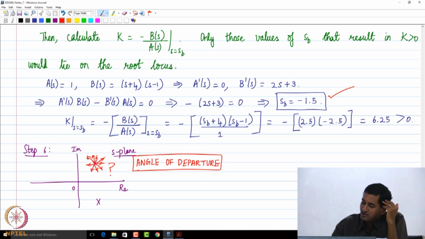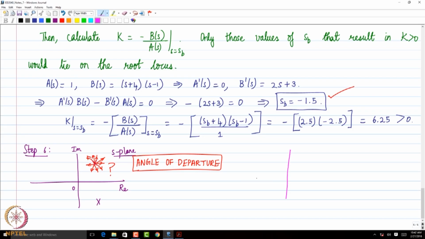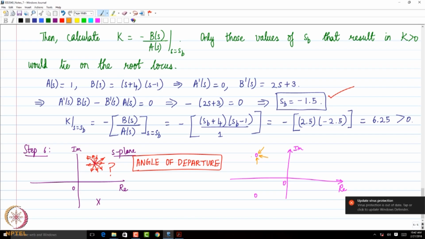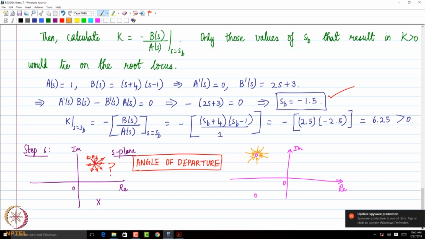Similarly, if I have an open loop zero which is complex conjugate, same logic, right? I have the real and the imaginary axis in the S plane. So let us say I had two open loop zeros which are complex conjugates here. I know that we are going to have two branches coming in to this open loop zero as K tends to infinity, right?